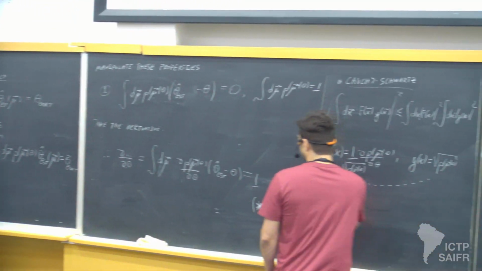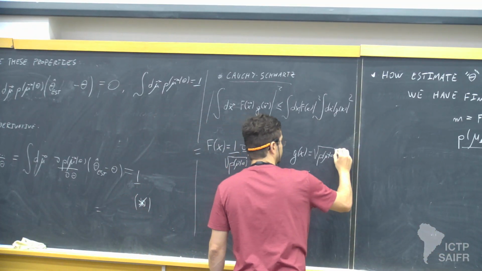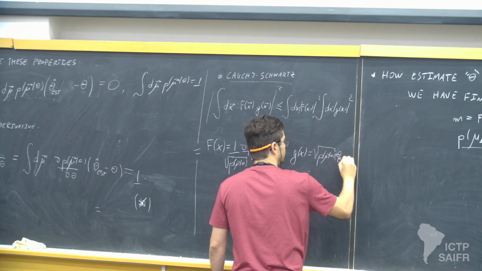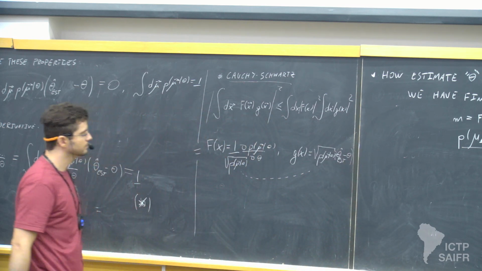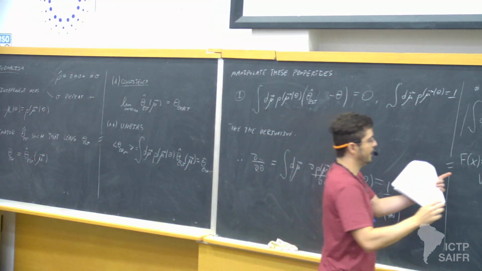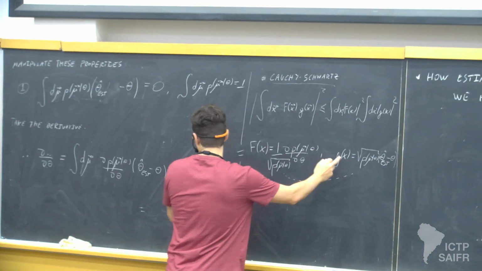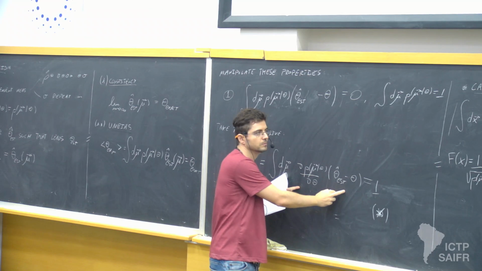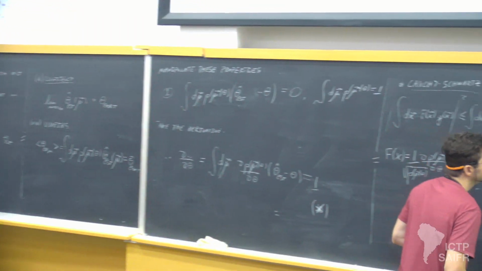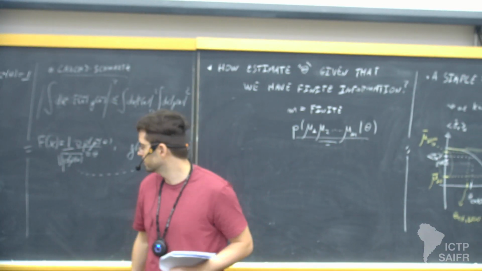The second term is how far theta estimated is from the exact value, okay? So f times x is exactly everything that is written in here. And then we just expand the right part of our inequality.